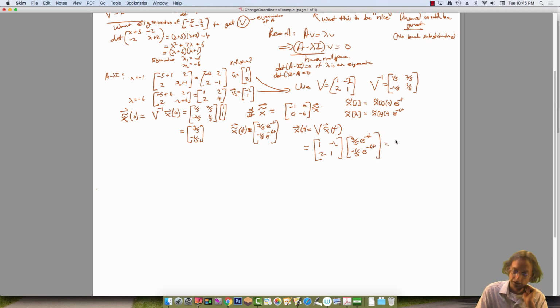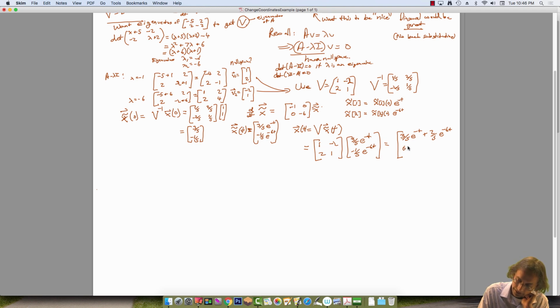What does this equal? Well, this equals 3/5 e to the minus t plus what? Minus 2 times this, 2/5 e to the minus 6t. And then what do we get here?